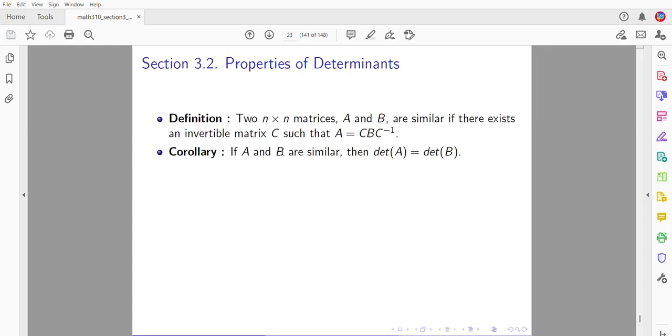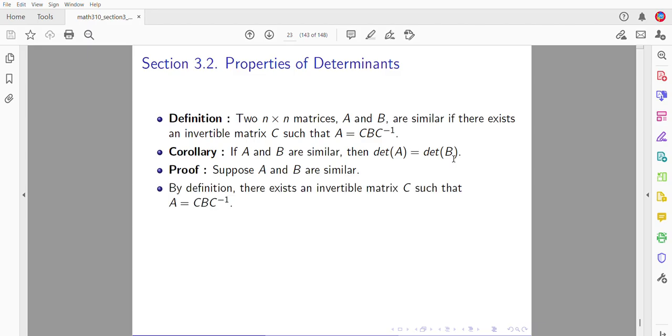Corollary. If A and B are similar, then determinant of A has to be equal to determinant B. Suppose A and B are similar. Then by definition, there is an invertible matrix C such that A equals C B C inverse. Determinant of A is determinant of C B C inverse. We know that determinant splits multiplication.